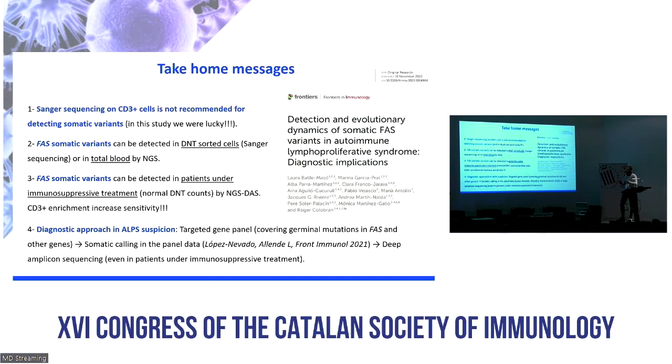Then you can try to detect somatic variants in the panel data. Maybe it's not the ideal situation, but it works sometimes. But if you do not detect mutations with these two strategies, you can do this deep amplicon sequencing that can work in patients even under immunosuppressive treatment.